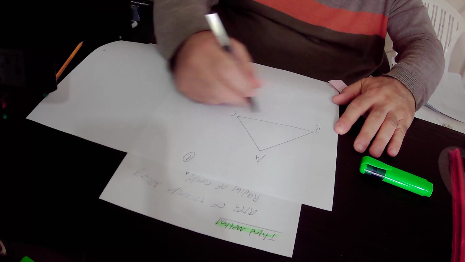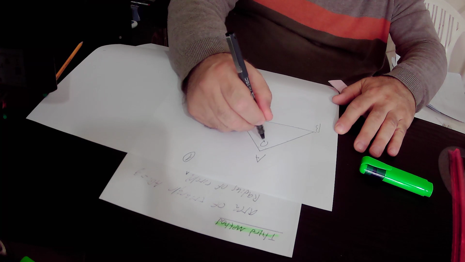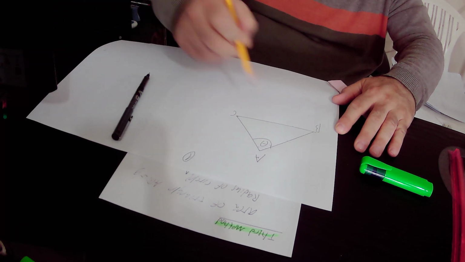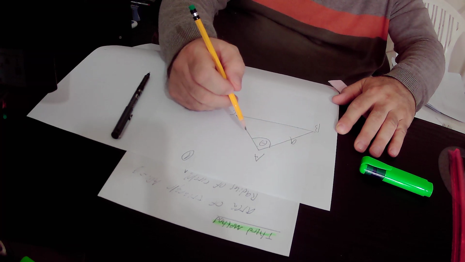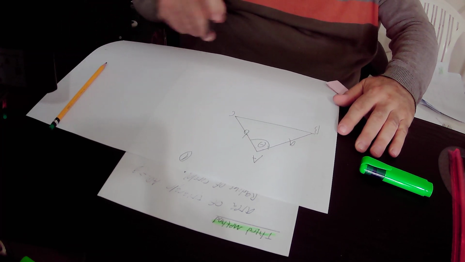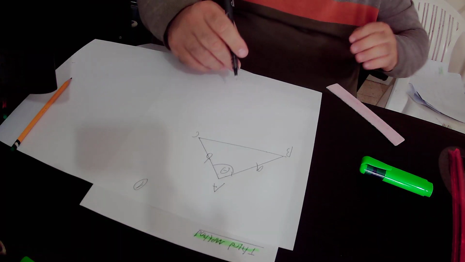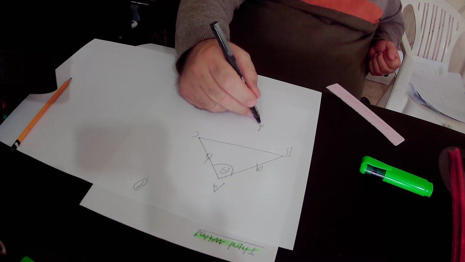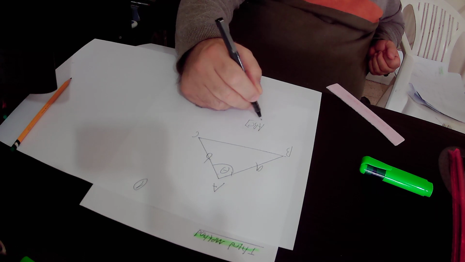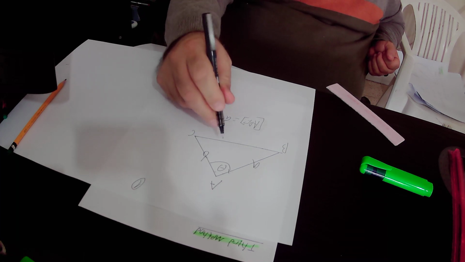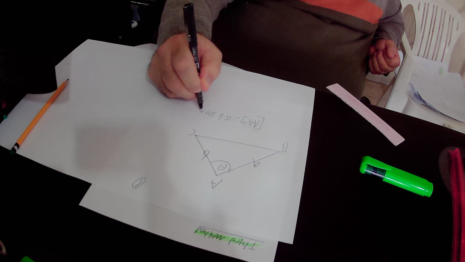The angle between side AB and side AC is theta. The length of side AB is A, and side AC equals B units in its length. Then according to the new formula, the area of this triangle ABC would be equal to A times B times sine theta over 2.